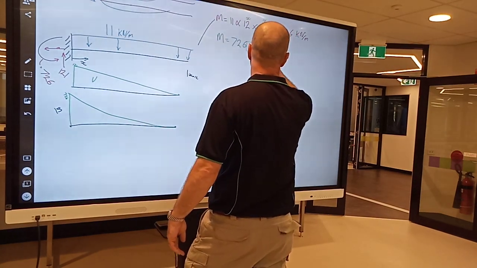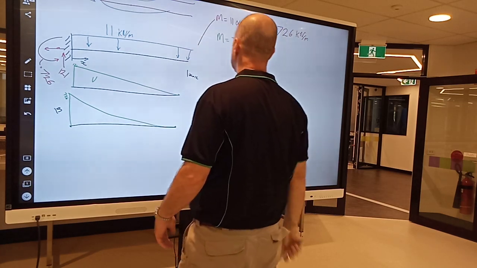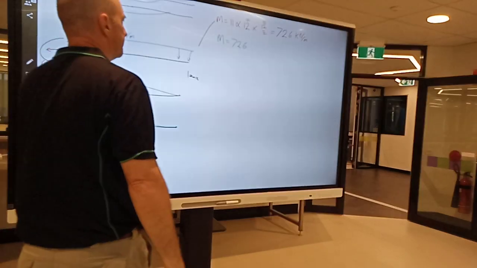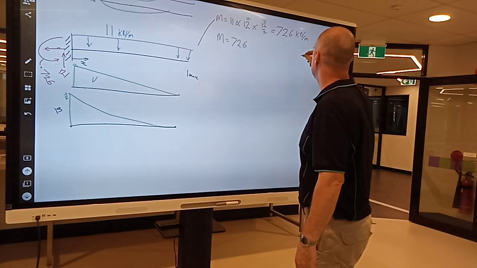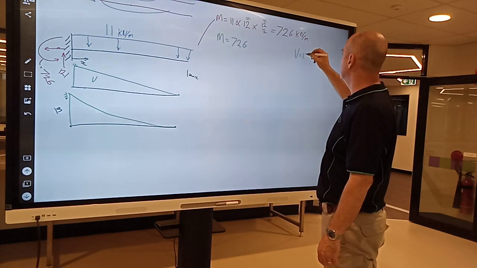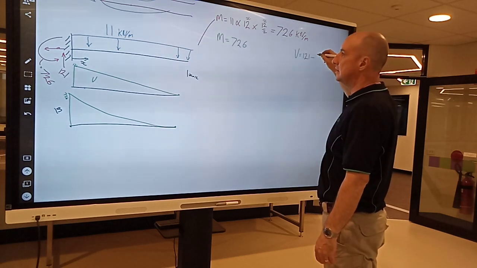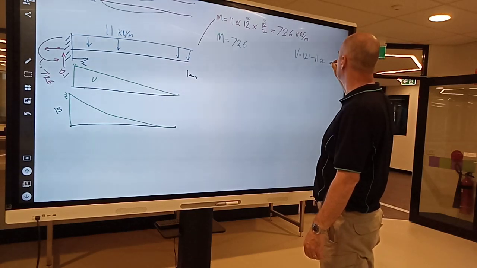Let's go back to the shear force diagram. The shear force equation is V equals 121 minus 11x.